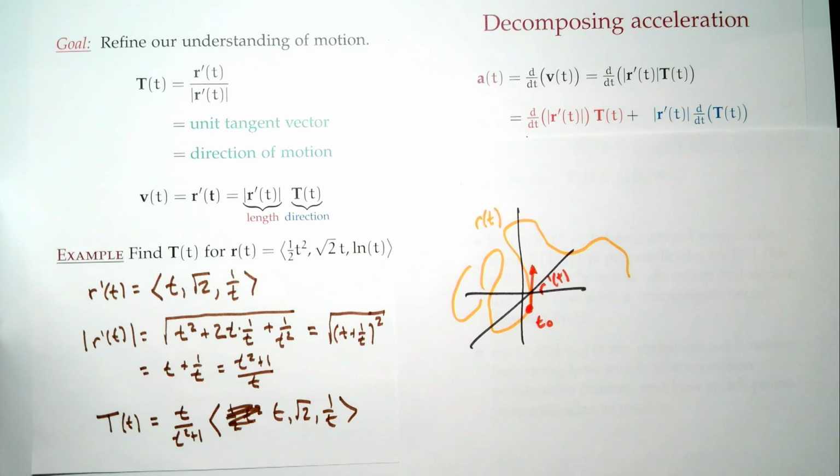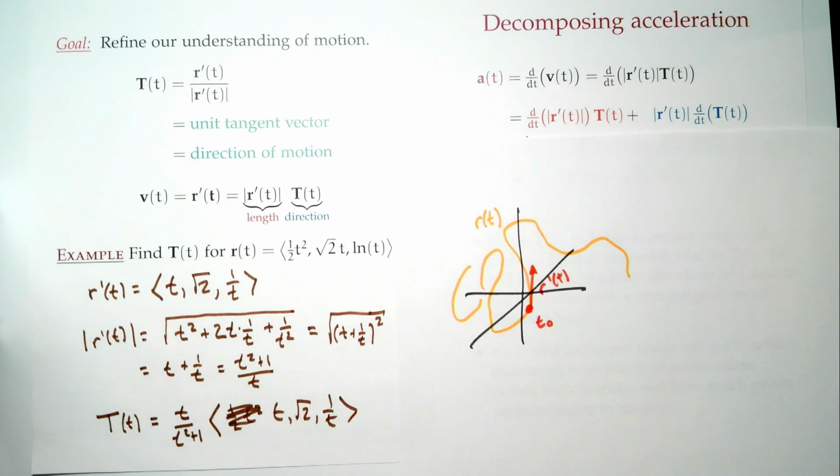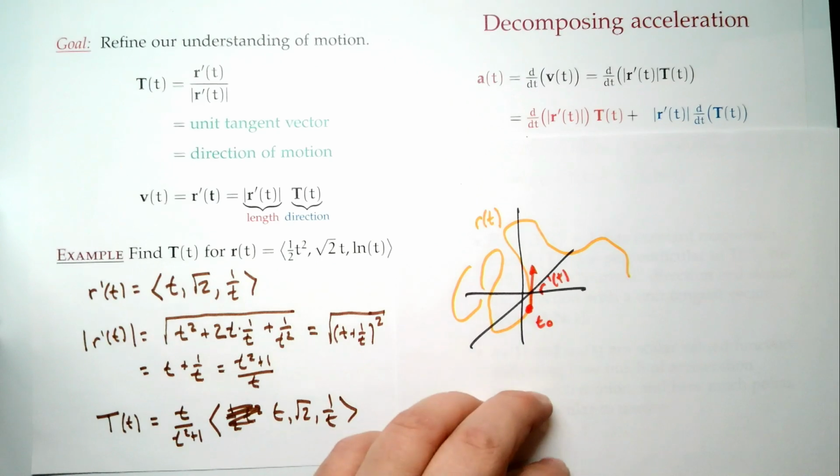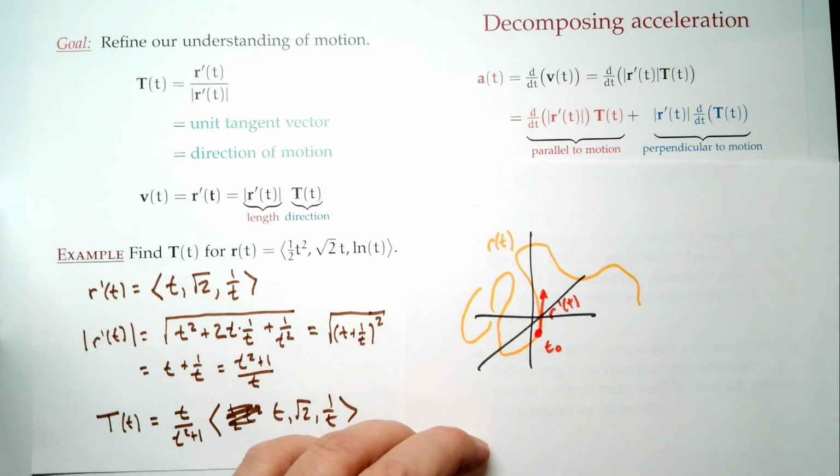Now, where does the derivative of the unit tangent vector point? Well, I'll tell you, it's a fun fact: it's perpendicular to motion. So the first part is parallel to motion. The second part is perpendicular to motion. Why is that? We'll get to that in just a moment.